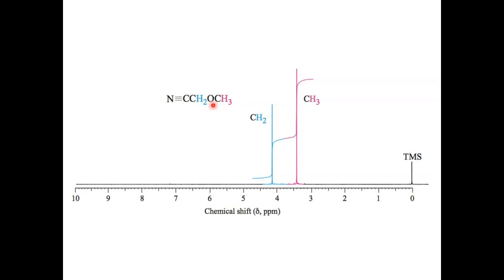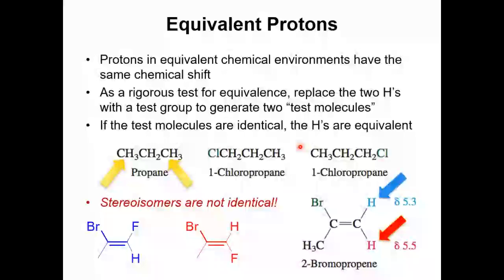So the blue protons are under the direct influence of two electron withdrawing groups, CN and O. No wonder their chemical shift value is substantially higher than the CH3 protons. These are just the points I wanted to bring to your attention.